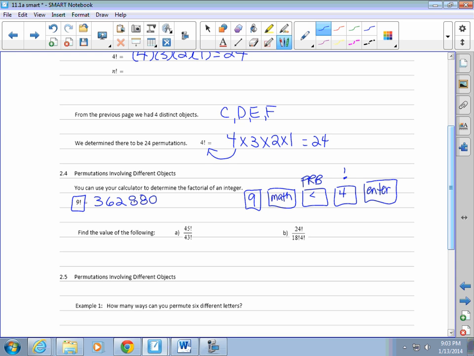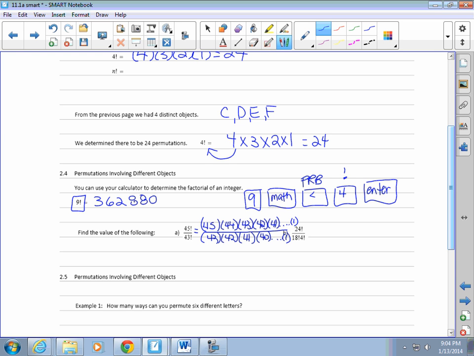So it says find the value of the following, 45 factorial divided by 43 factorial. So if you were to write this out, this would be 45 times 44 times 43 times 42 times 41 all the way down to times 1, divided by 43 times 42 times 41 times 40 all the way down to times 1.